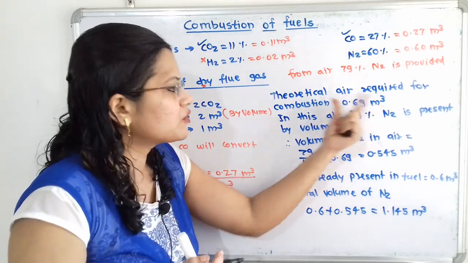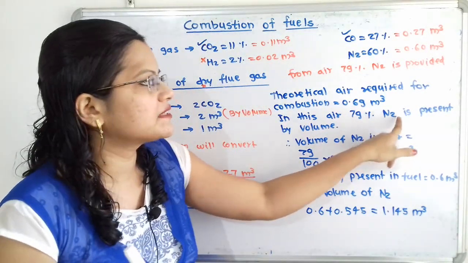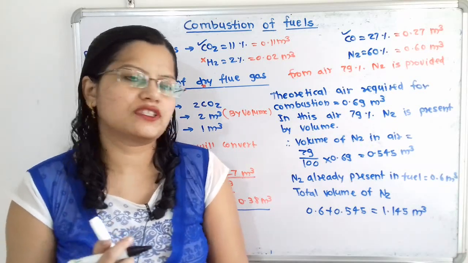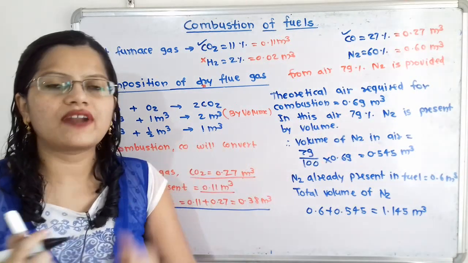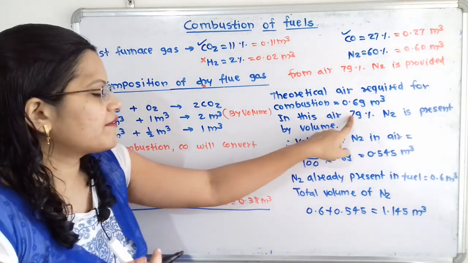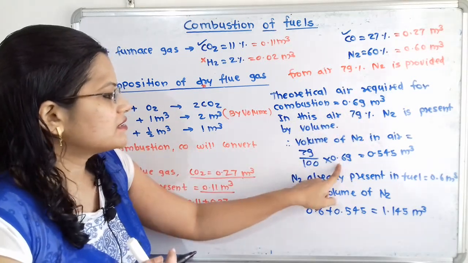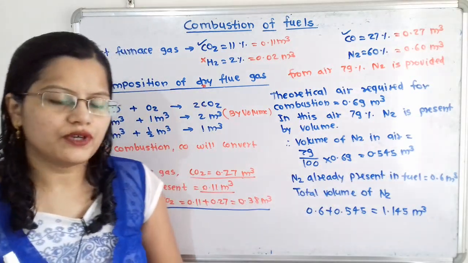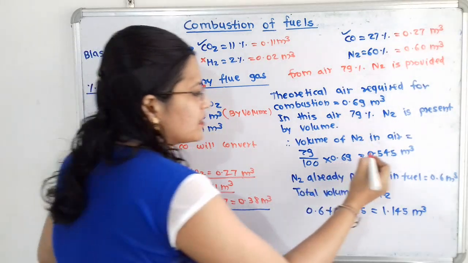Out of this 0.69 meter cube of theoretical air, 79% is nitrogen by volume, as mentioned in the question. So we will calculate the volume of nitrogen in the air: 79 by 100 multiplied by 0.69, that is 0.545 meter cube. So this is the volume of N2 available in the air.